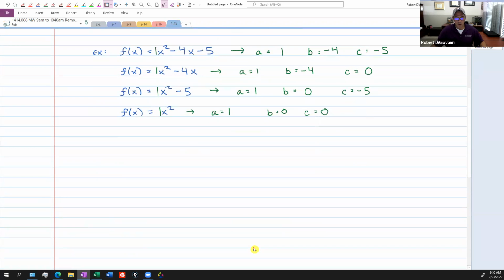So with that information, let's talk about the general characteristics of the graph of any quadratic function. It will be one of these.